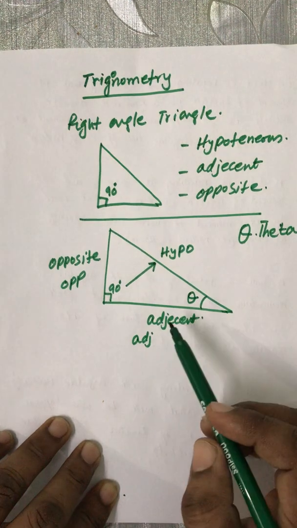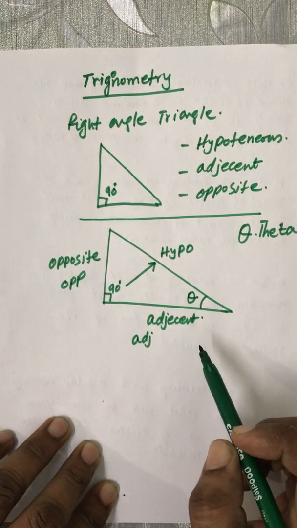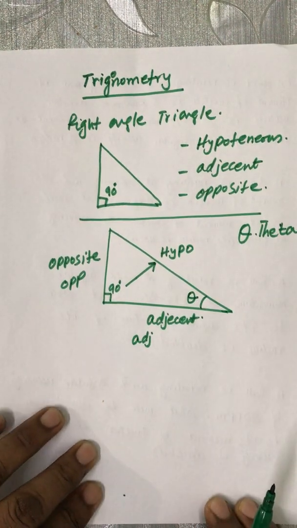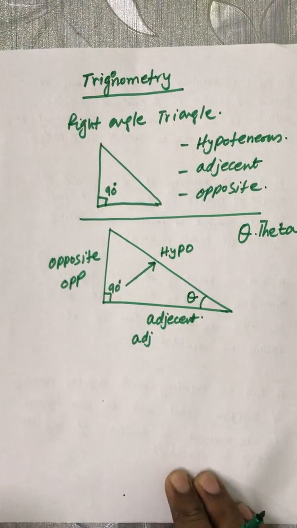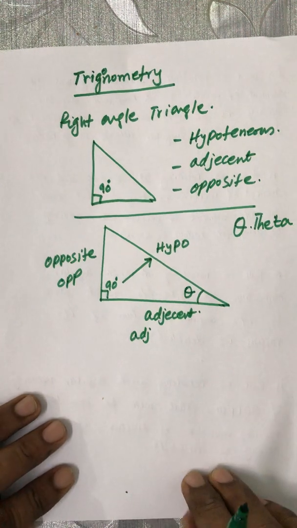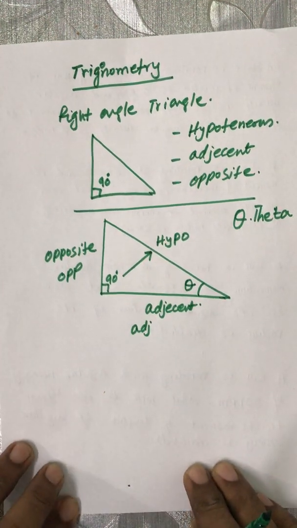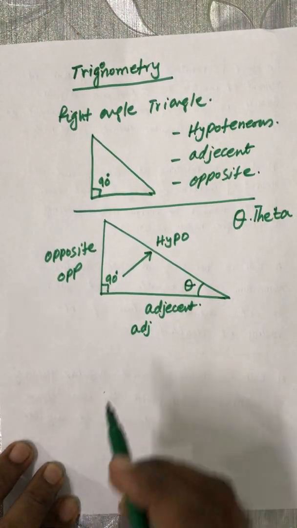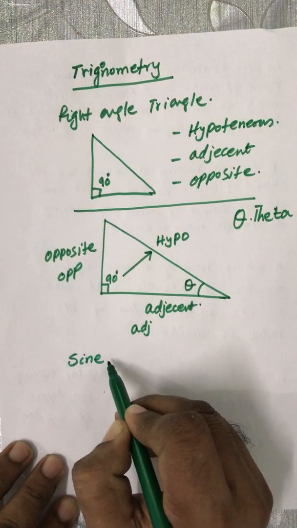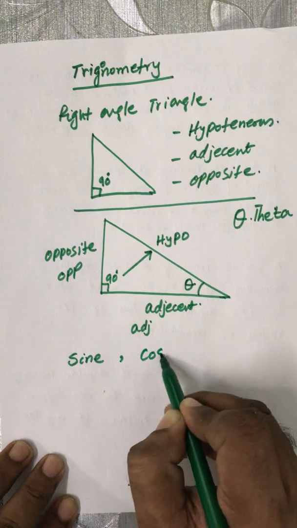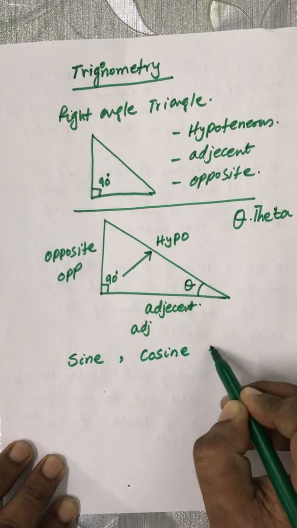If we know how to name the sides of a right angle triangle, then there are some trigonometric ratios which will help. We have to learn about trigonometric ratios. There are three trigonometric ratios: sine, cosine, and tangent.